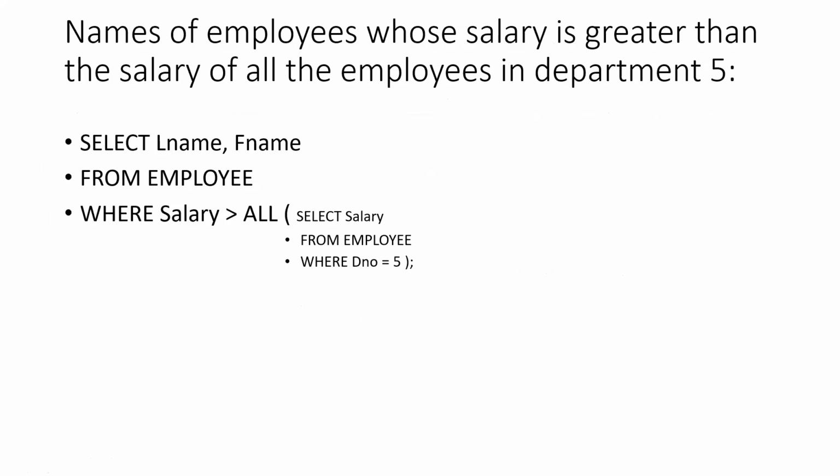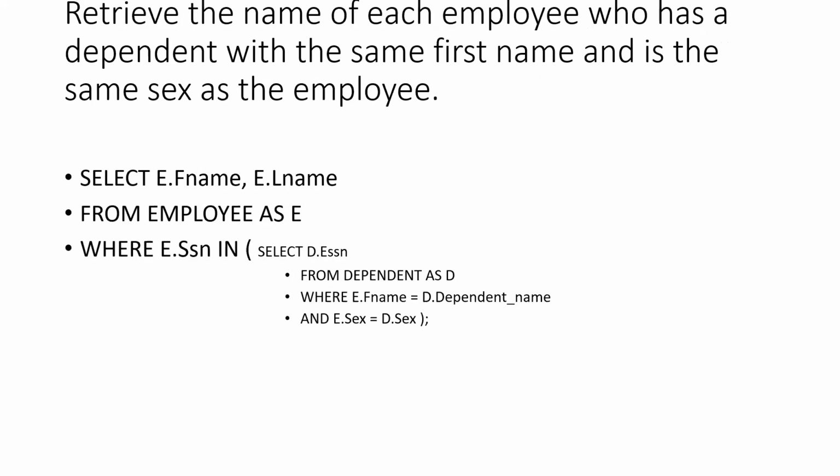So we select the employee names from the employee table. The condition here is their salary should be greater than the salary of all employees in department 5. That is select last name, first name from employee where salary greater than all, select salary from employee where D number equal to 5.